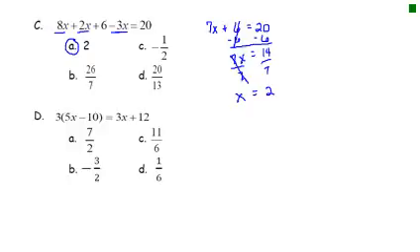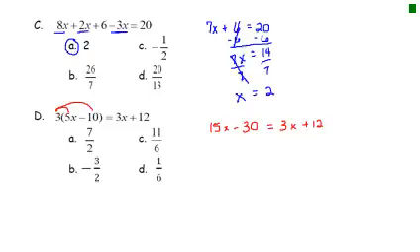And now moving on to D. First thing we need to do on this one is distribute that 3. Take that 3 and multiply it to both those terms in there. So that would give us 15x. And then 3 times negative 10 is a negative 30. So I write minus 30 equals 3x plus 12. Now we want to move the variables over to the left side.